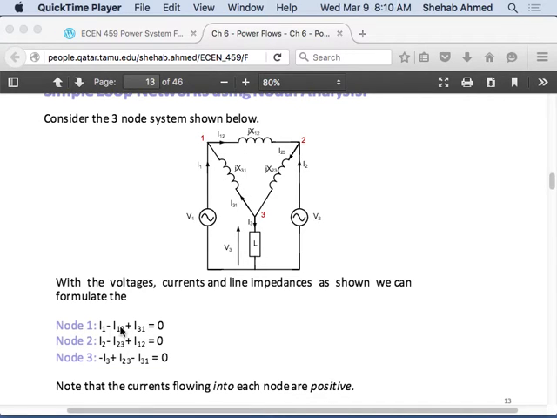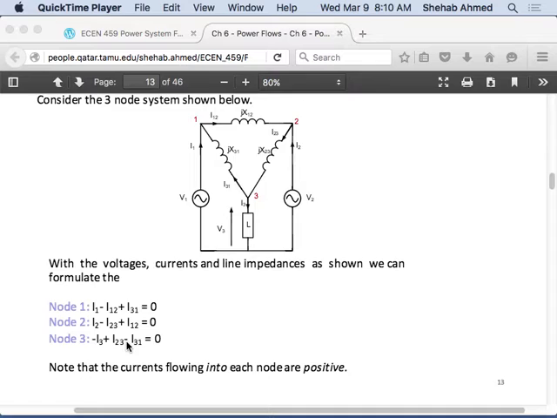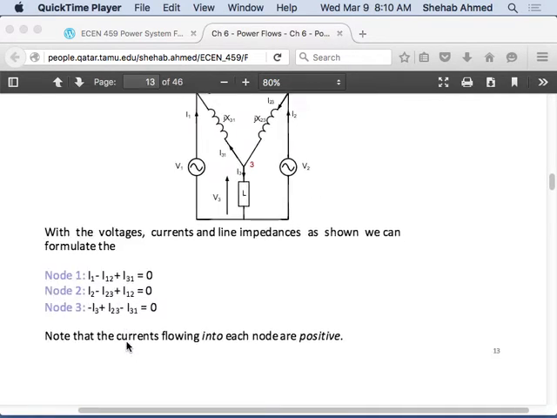So that's Kirchhoff's current law at node 1, then at node 2, then at node 3, right? Each of these currents is equal to the voltage difference divided by the impedance, or multiplied by the admittance, right? Is everybody okay with this? Yeah. So each of these currents, I will express in terms of the admittances and the voltages.